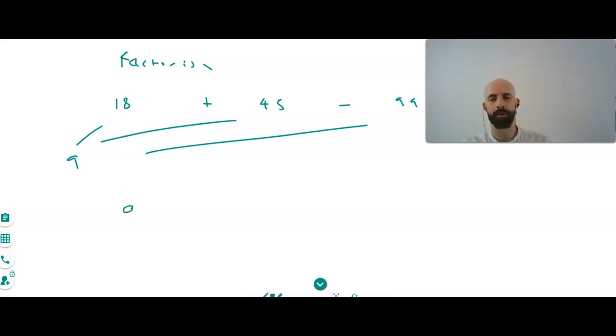So we put the 9 outside the brackets, and then we remake this line with the 9 on the outside. 9 times 2 is 18. 9 times 5 is 45. 9 times 11 is 99. The reason this does remake that line, these two things being the same thing just expressed in a different way, is because whenever we have a number outside a bracket, it multiplies everything inside the bracket. So 9 times 2, 9 times 5, 9 times 11 would be the same as 18, 45, and 99.